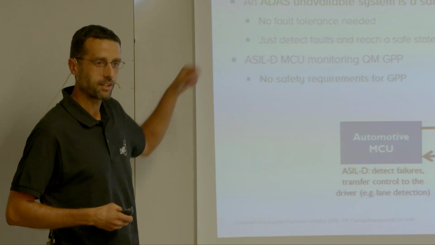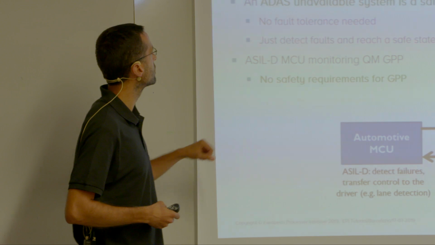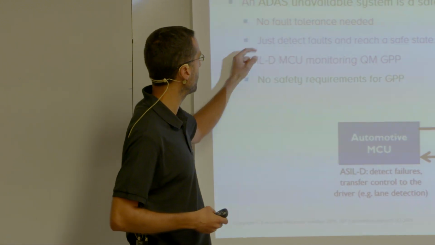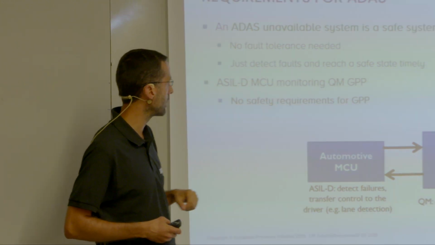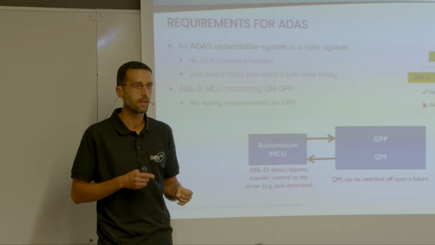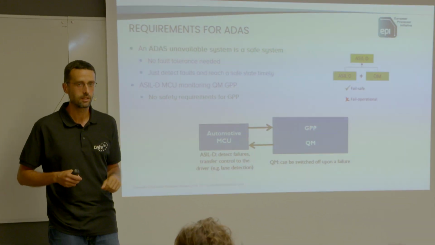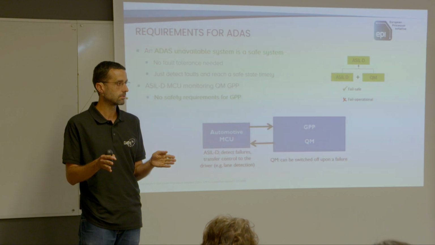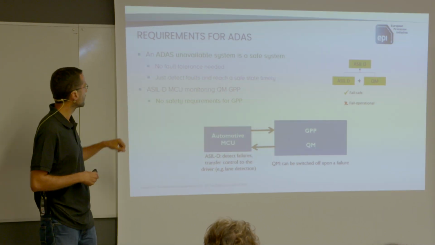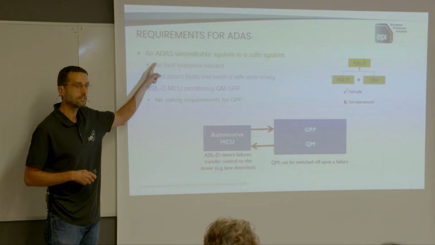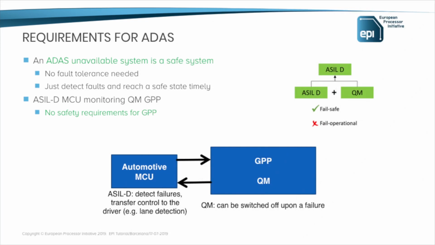But let's get closer to our processor. Let me start with ADAS systems. ADAS stands for Advanced Driving Assistance Systems. For instance, the lane detector. These systems, by construction, and as I would say all automotive systems today, have what they call a safe state.